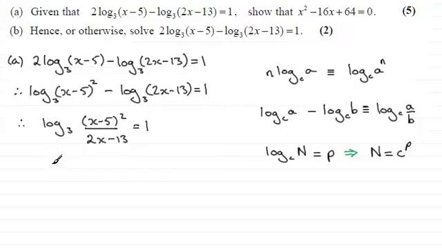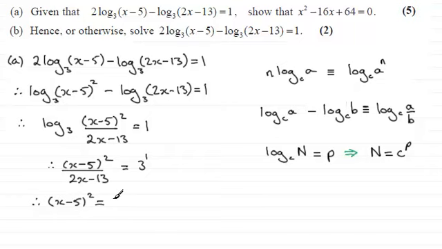So we've got, therefore, x minus 5 all squared divided by 2x minus 13 must be equal to the base, which is 3, raised to the power 1. Well, 3 to the power 1 is just going to be 3. And all I need to do now is multiply both sides by 2x minus 13. So we've got x minus 5 all squared equals 3 lots of 2x minus 13.